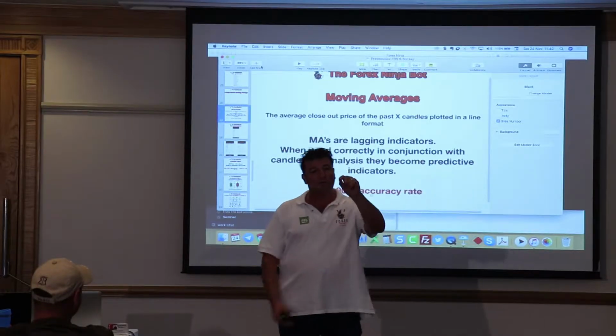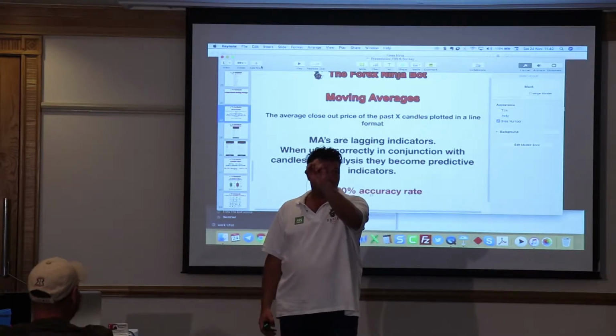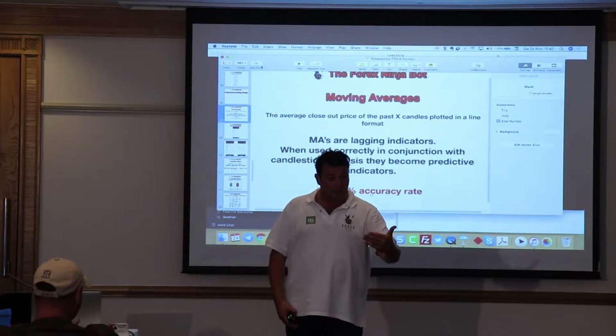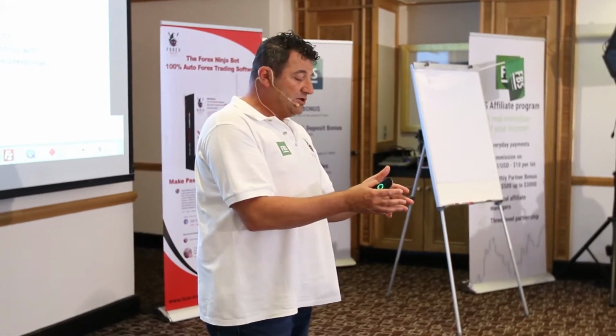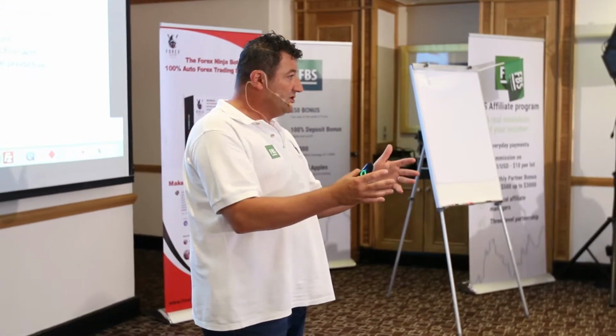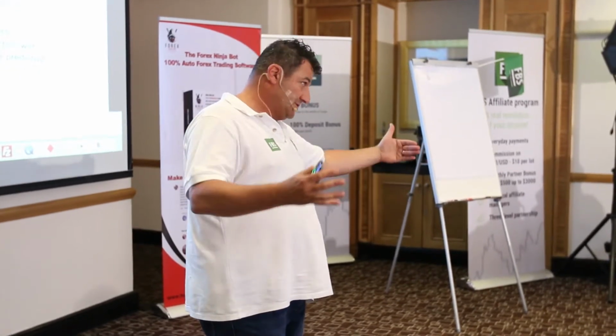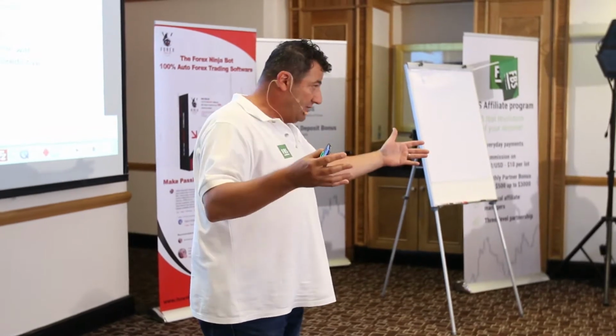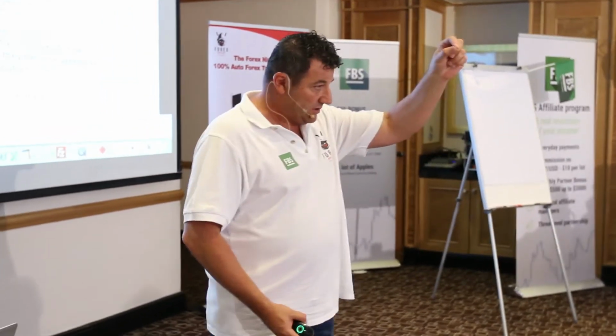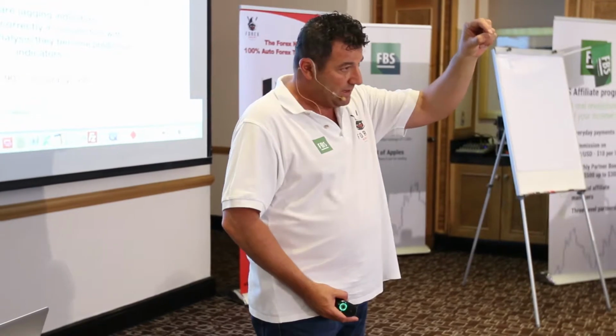So that will basically put a dot on the chart. The next time frame happens, and a new candle forms, and to work out the moving average for that time frame you take the last 200 candles, add them together, divide by 200, you get a number, and you plot it onto the chart, and then you draw a line.